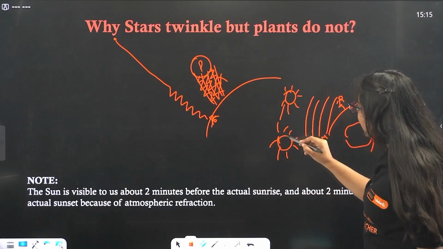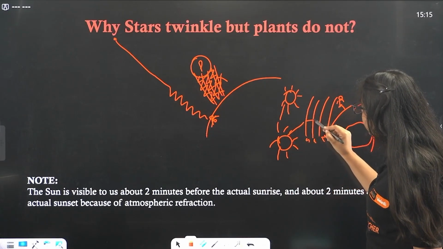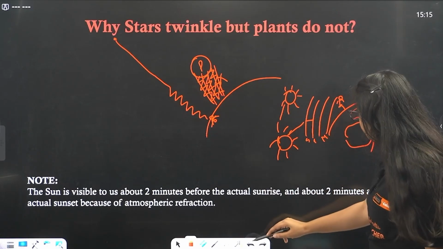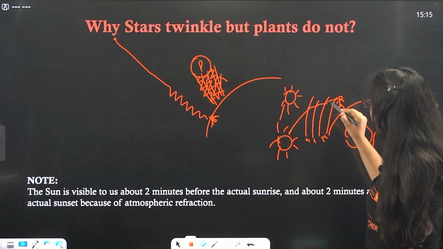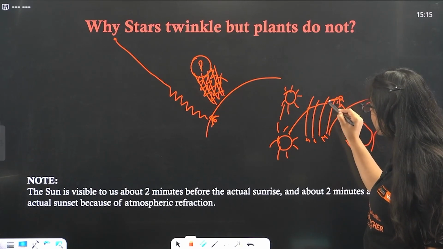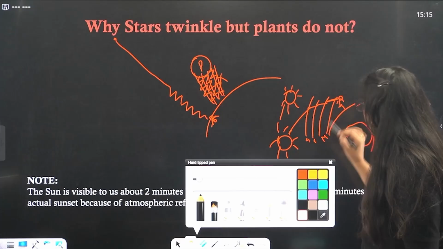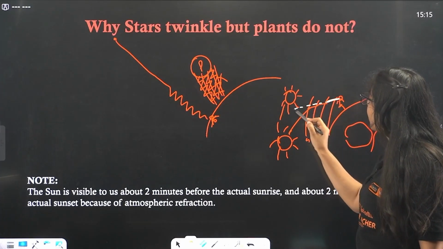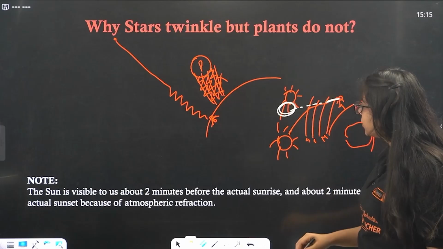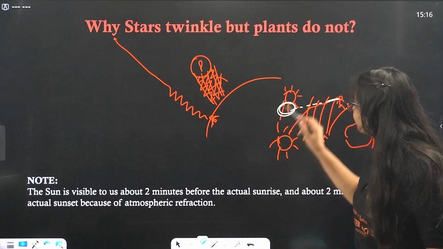So the light is coming and it is bending, something like this. Light is coming, bending, and if I am seeing this last ray coming from the sun, and if I trace it back, I will see the sun is still here. Actually, the sun is still here.